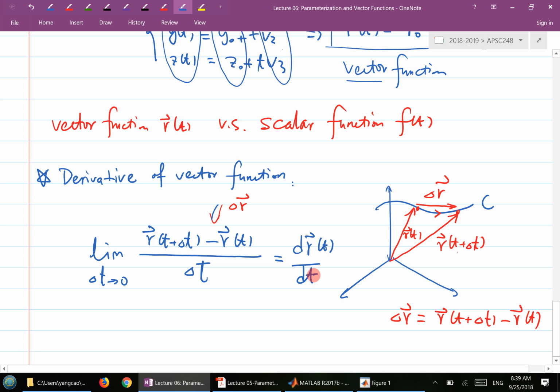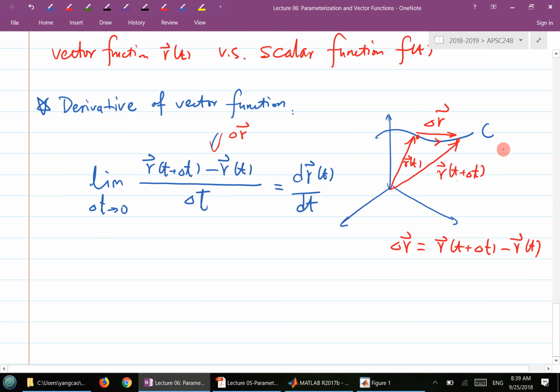The same concept applies here. The derivative of a vector function doesn't always exist. If it exists within a certain range of t, it means it's differentiable in that range. But in short, that's your derivative definition for a vector function.